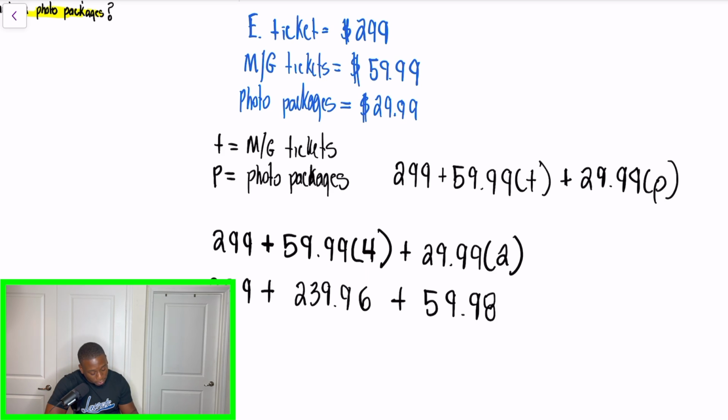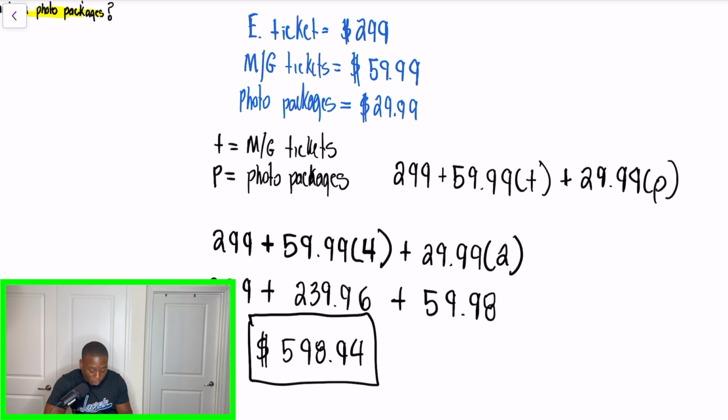So once we do this, our final answer should be, I'm just double checking real quick. Our final answer should be $598.94. So this is the price per person, right? So this is per person. So let's just make a quick note.